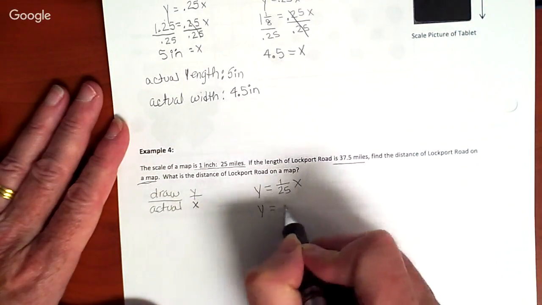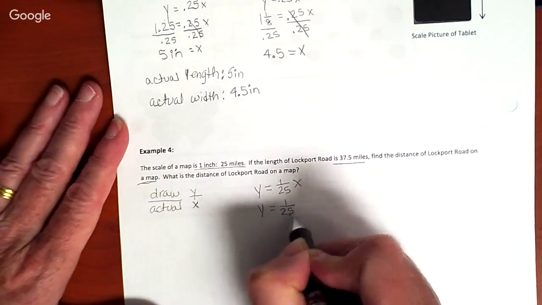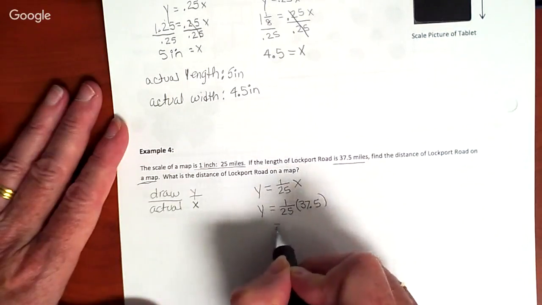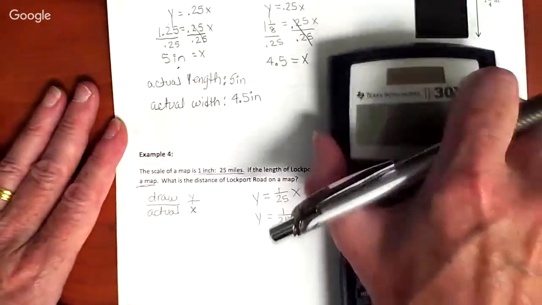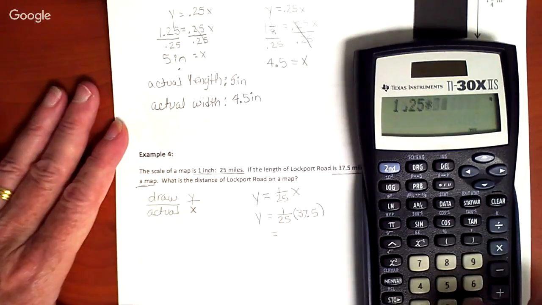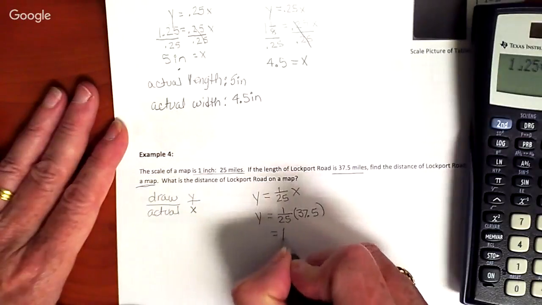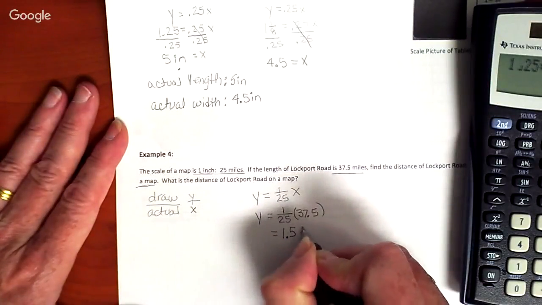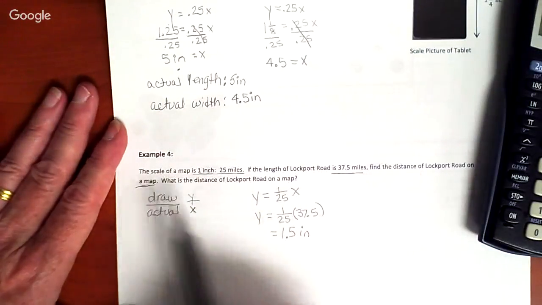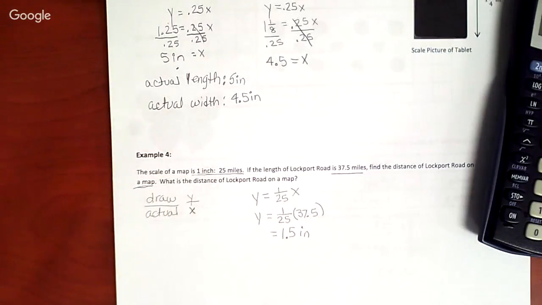So y equals 1 over 25 times 37.5 equals 1.5 inches, because we want to know the distance, find the distance on a map. So we want to find the drawing, which we found. Okay, so next.